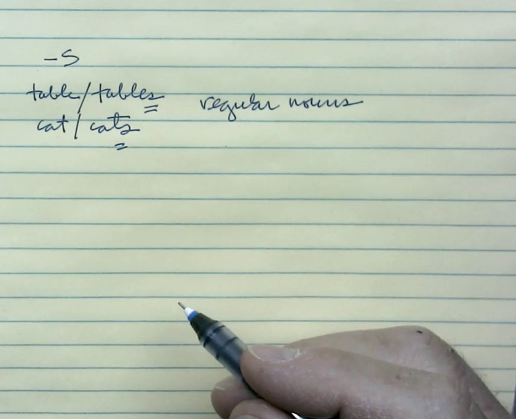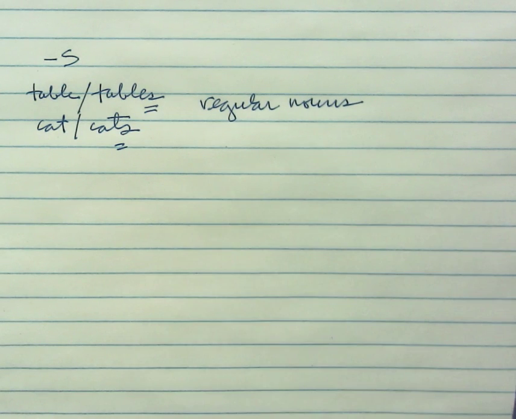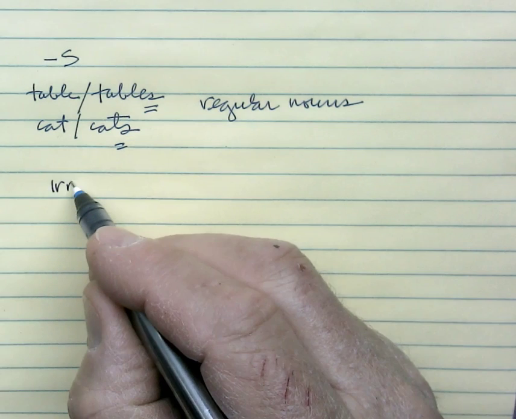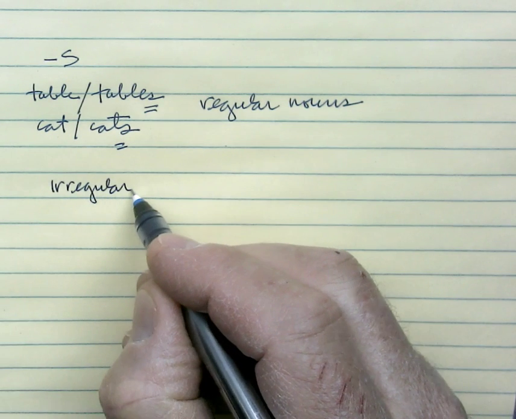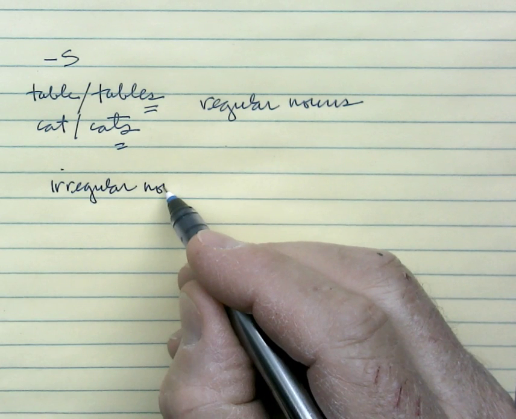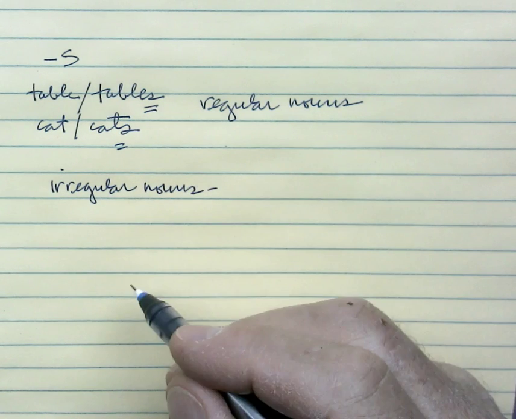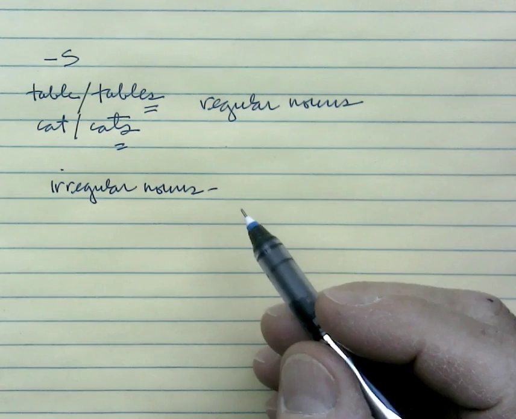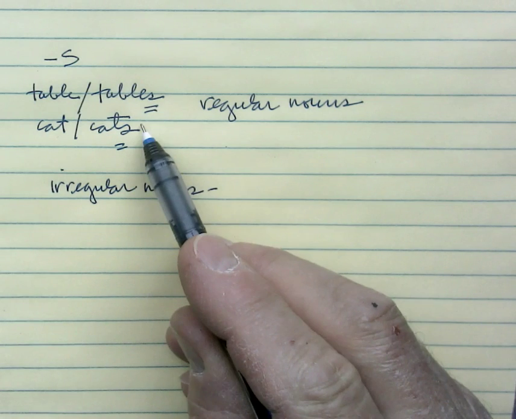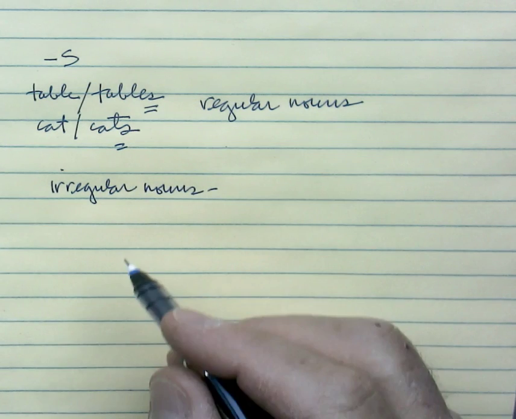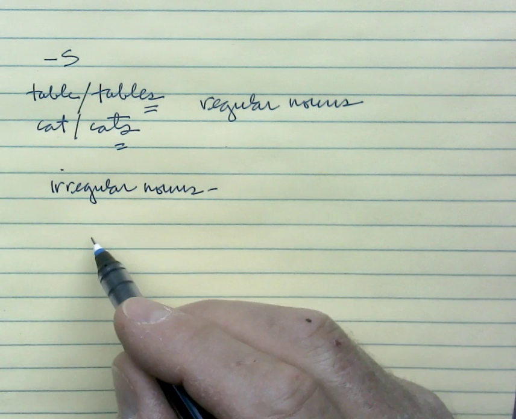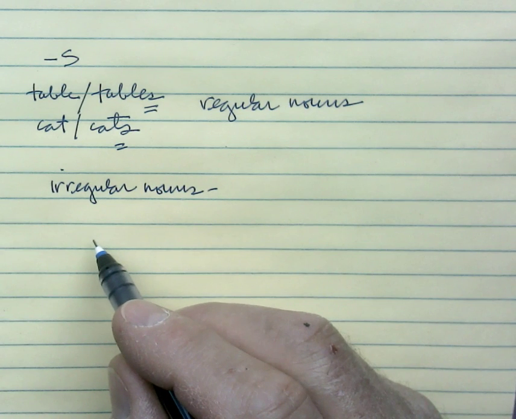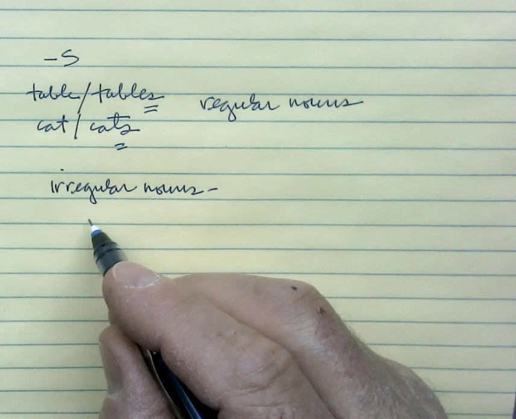But standard English also contains some irregular nouns. Nouns that aren't regular because they don't make plurals with s. Instead, some nouns make a vowel change to create the plural.